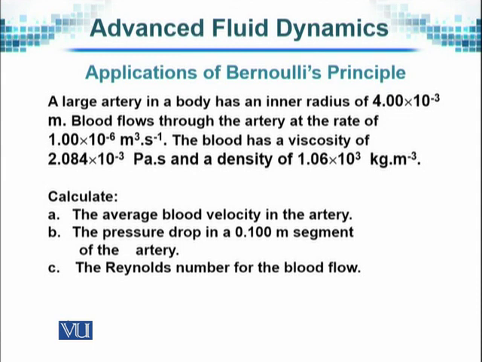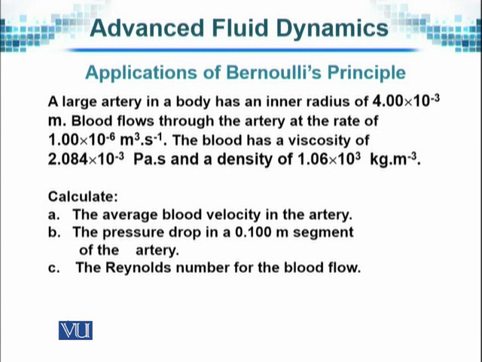Every day we are talking about blood pressure and things related to that, but blood pressure is also related to velocity and the pumping of the heart and so on. So this problem is very simple in nature, but it is related to real problems. Next, the pressure drop in a 0.1 meter segment of the artery.